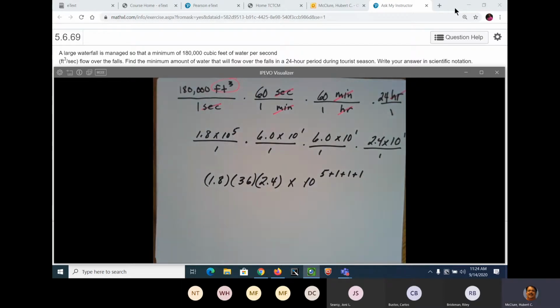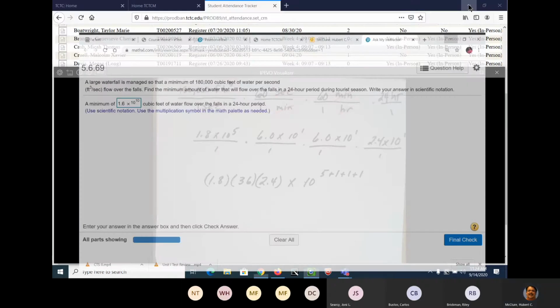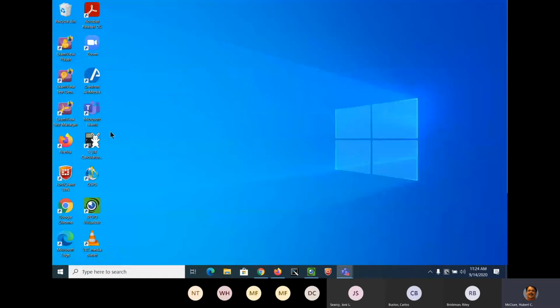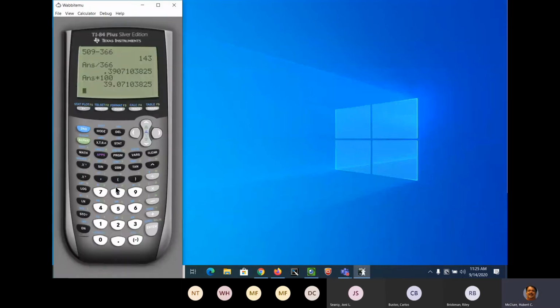So I don't have my calculator, but I'll pull it out right quick. So pull out our calculator. And that's going to be 1.8 times 36 times 2.4.